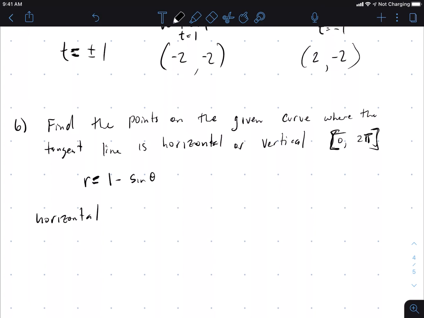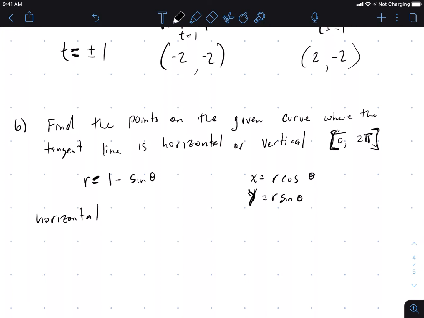One of the things that might be beneficial is to remember and see if we can put this in a form that's useful for us. So, do you remember that x is equal to r cosine theta and y is equal to r sine theta? Right? So would it be beneficial if we turned it into x's and y's so we could more cleanly see what's going to happen?